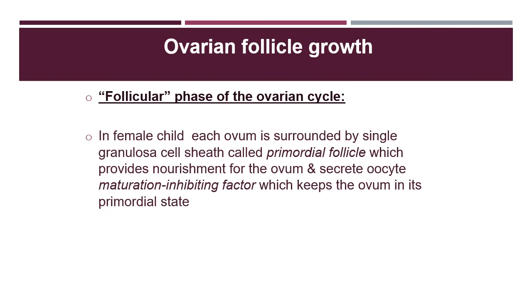In the first phase, the follicular phase of the ovarian cycle, we will have an ovum, during childhood, that is surrounded by a single granulosa cell layer, which is called the primordial follicle, as we mentioned earlier. These cells provide nourishment for the ovum and also secrete a substance called oocyte maturation inhibiting factor, which keeps the ovum in the primordial state.